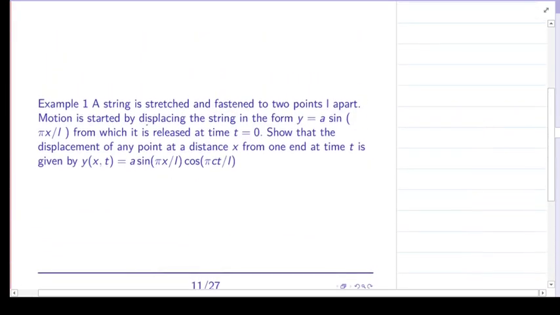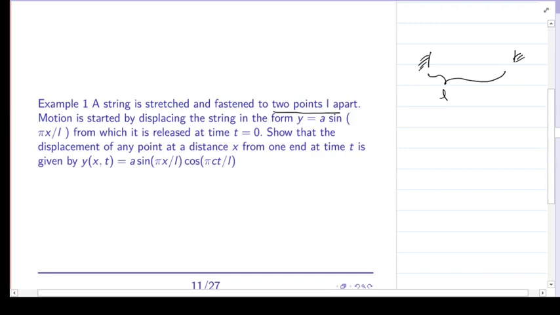This is a particular example. A string is tied at two endpoints, and the distance between them is L. The question says it is fastened at two points L apart.